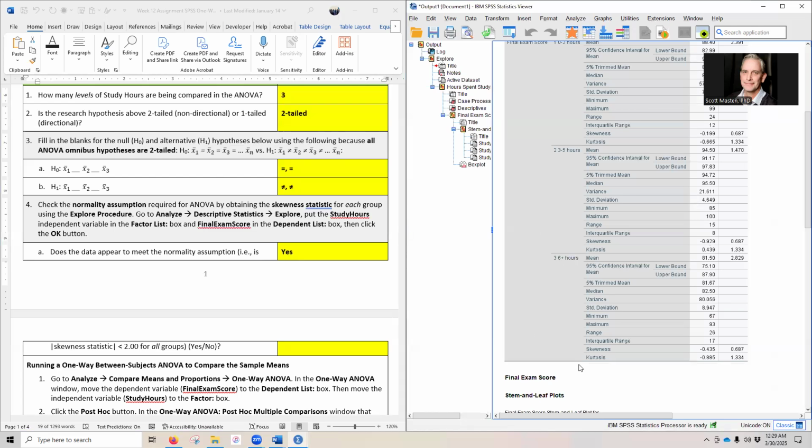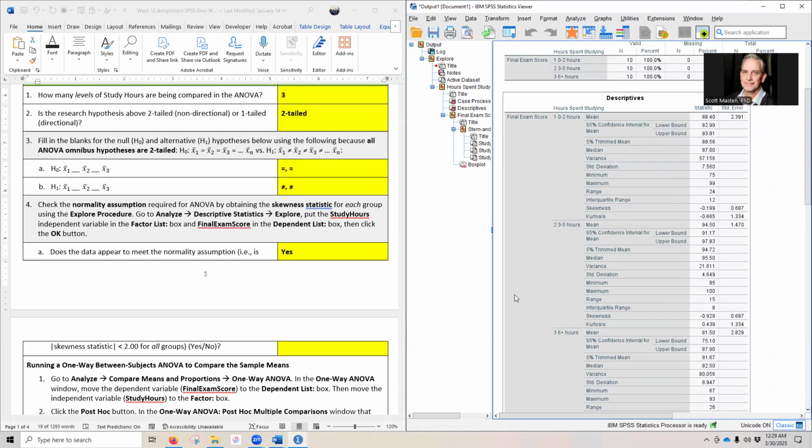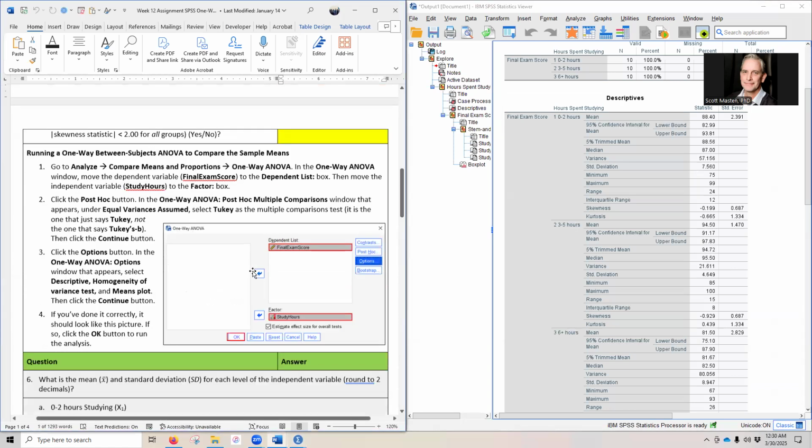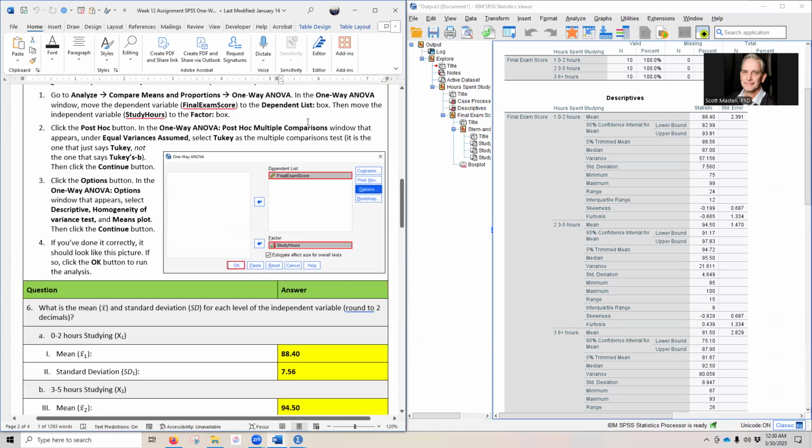And for 6 plus hours, it is not 2 or bigger. So we would say all 3 of these are basically normal. So the exam scores for all 3 groups are approximately normal. Do these data meet the normality assumption? Well, yes, because that is the assumption that the groups are basically normal.